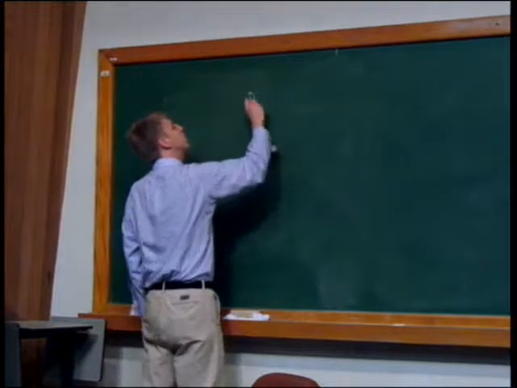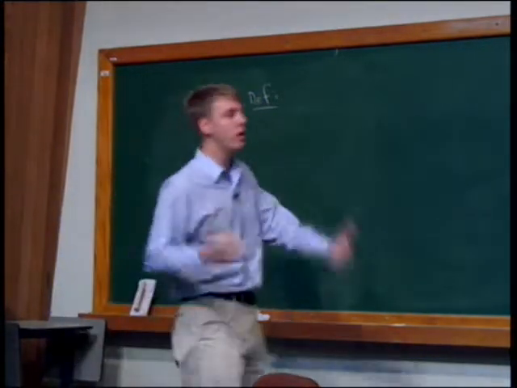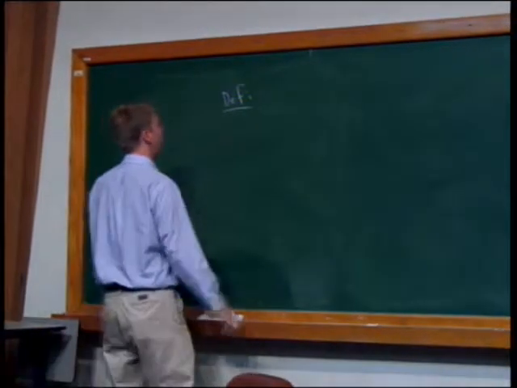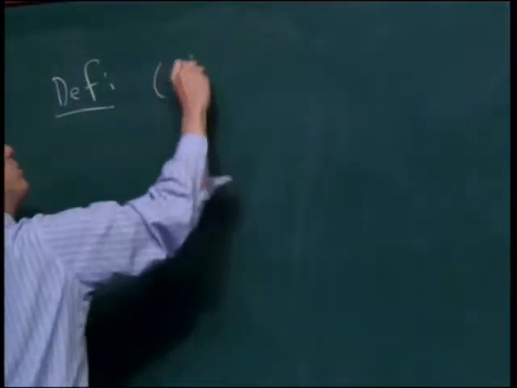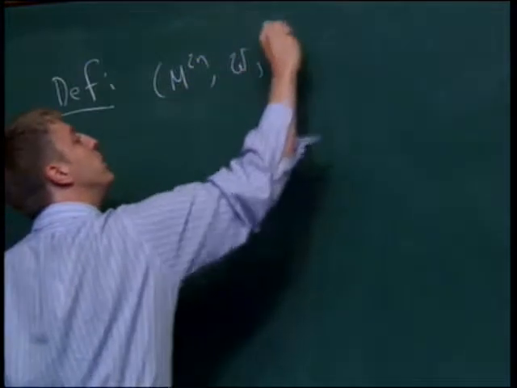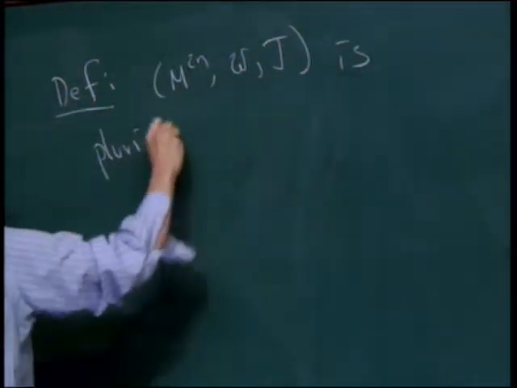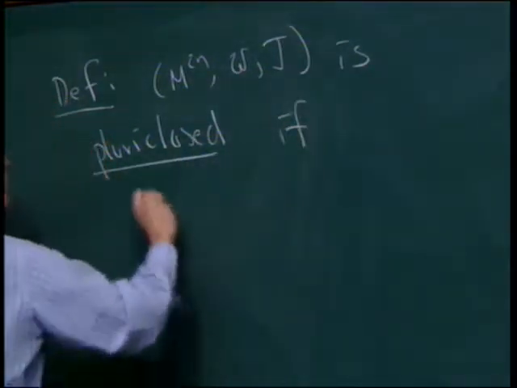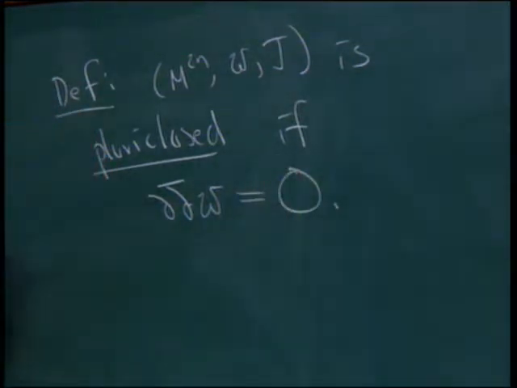Let me start by giving you the following definition. We want to weaken the Kähler condition, but we don't want to go too far, if we hope to preserve some of the nice results here. So we say (M^2n, omega, J) is pluriclosed if dd bar omega equals 0.